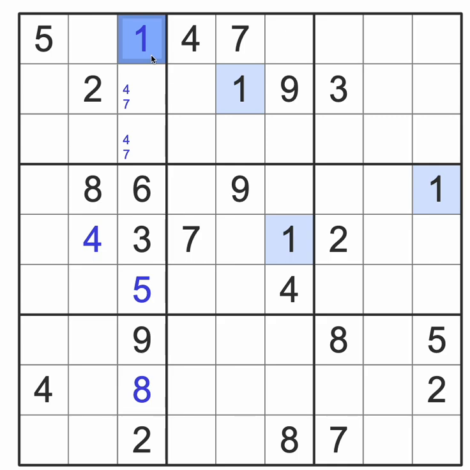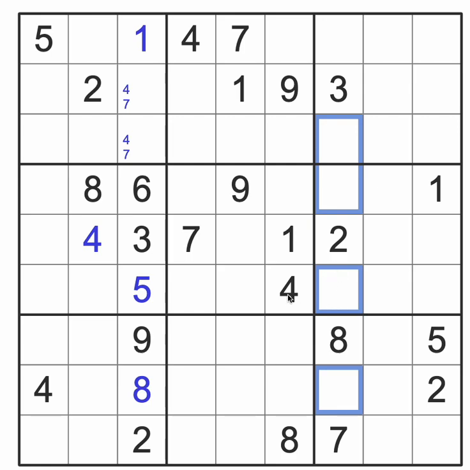And I think one of the keys of today's puzzle is the next step. So I'm looking at column 7, where there's a double of 4 and 5. So here's 4 and 5. This cell cannot be 4 or 5.